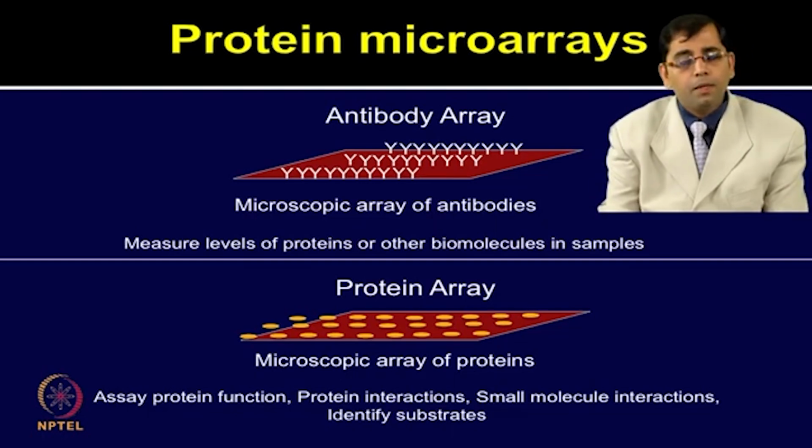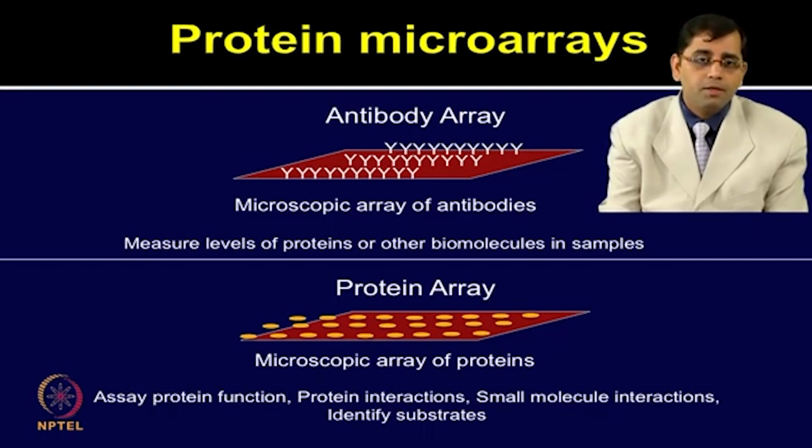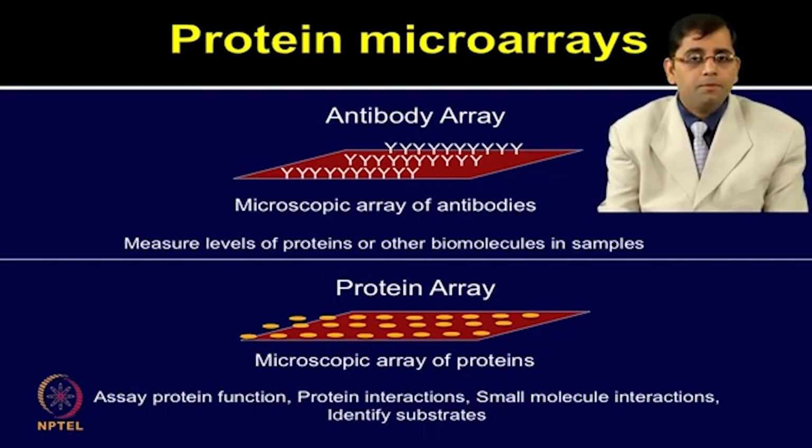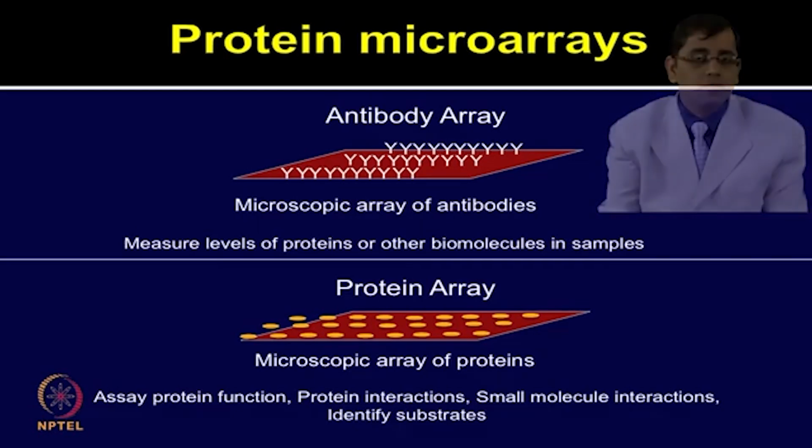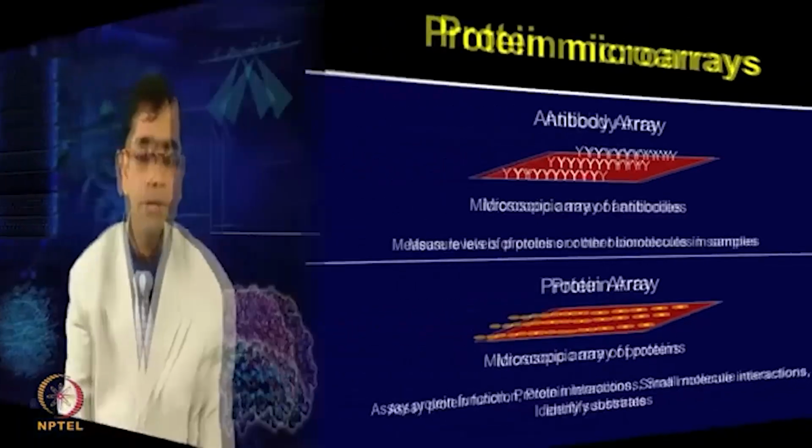Different types of biological questions related to protein activity and its function can be studied by using protein microarrays. Protein microarrays have also been used for assessing protein function, protein interactions, studying small molecule interactions, and many other applications linked to protein biomarker discovery.